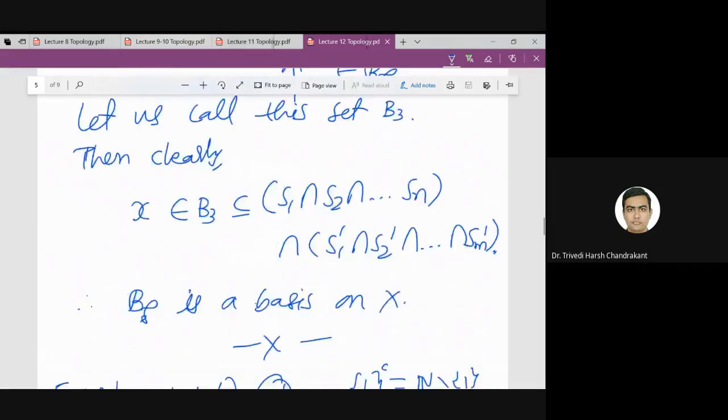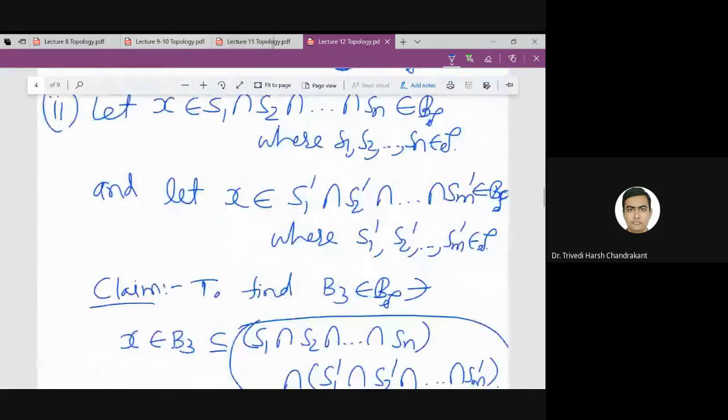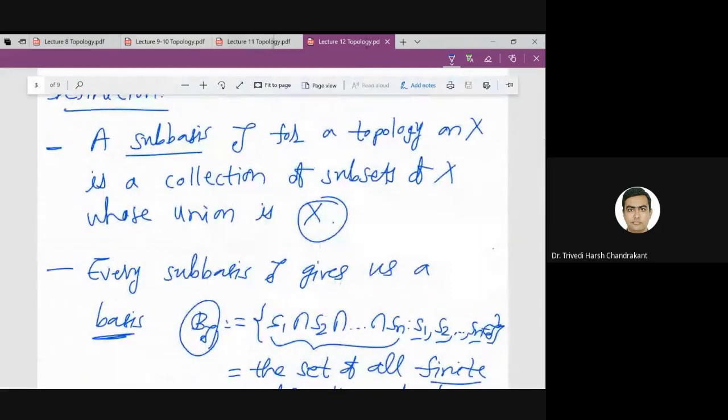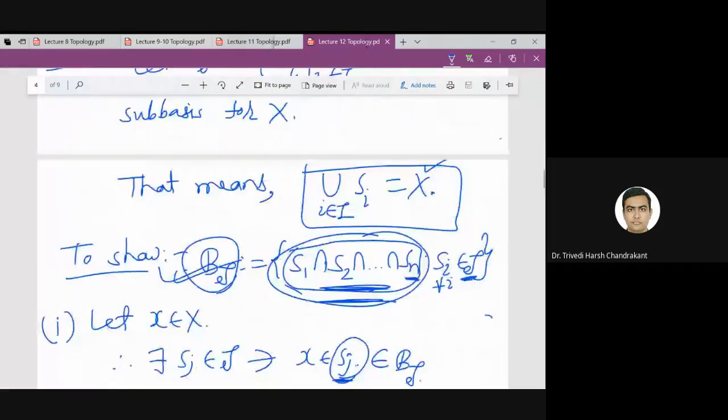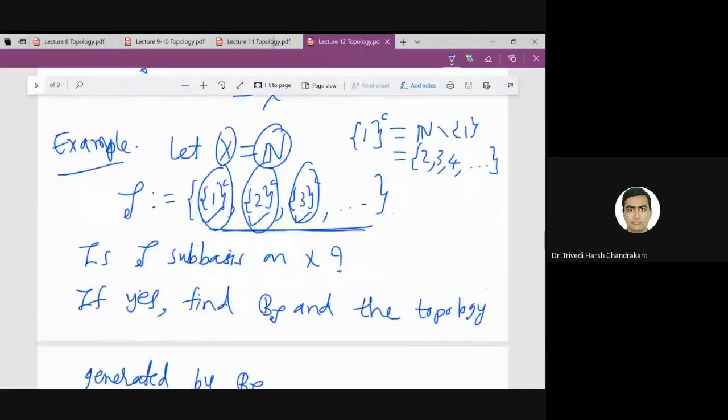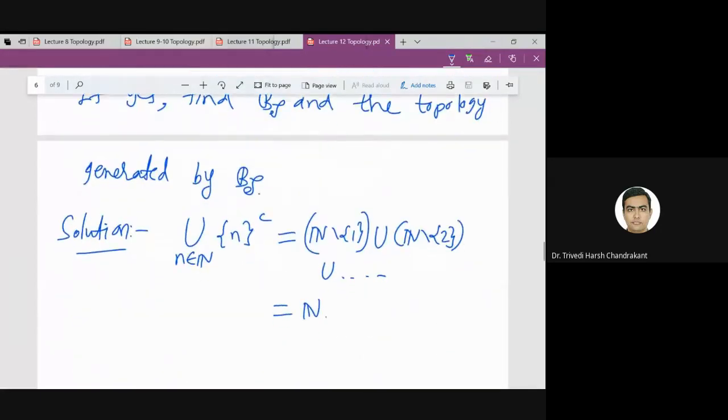So what is the condition of a subbasis? Its union should be X, right? All these should be subsets of X and their union should be X. So in this example, for the sets complement of 1, complement of 2, complement of 3, you have to check that the union is this set X, the set of natural numbers. That is the first condition.